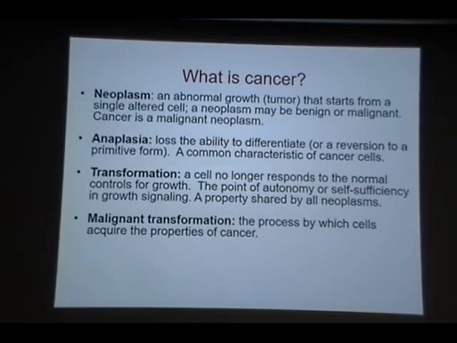And another word for the characterization of cancer cells is anaplasia. This is a loss of the ability to differentiate. In our body, differentiation is good because those cells have specific functions and they can work.